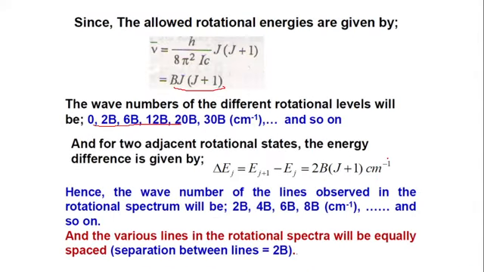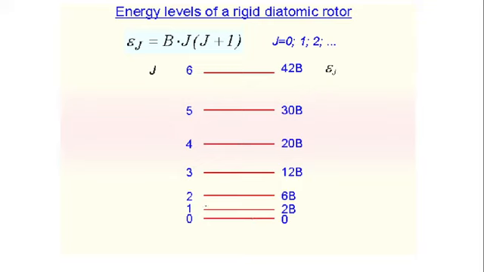12B, 20B. And for two adjacent rotational states, the energy difference is E(J plus 1) minus E(J), which is equal to 2B(J plus 1). At J equals 0 the value is 0.